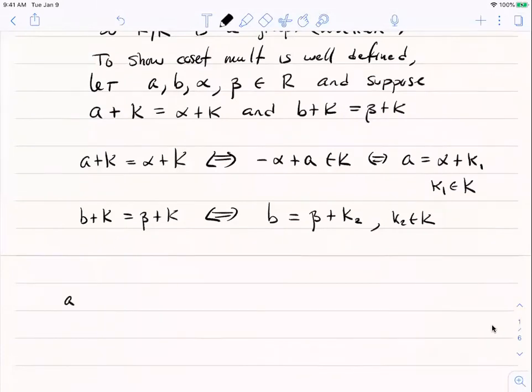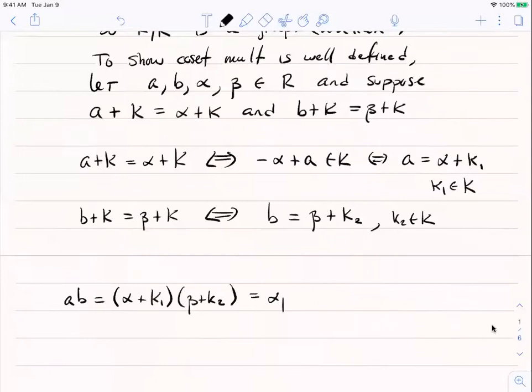Okay, so a times b. Replacing what we've got, alpha plus k1 times beta plus k2. And like we talked about in class, in a ring, I can use the usual distributive laws to expand this thing out. I just don't want to commute elements. So if you see me take things out of order left to right, blow the whistle.